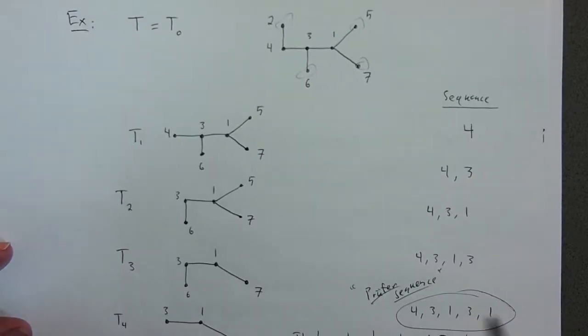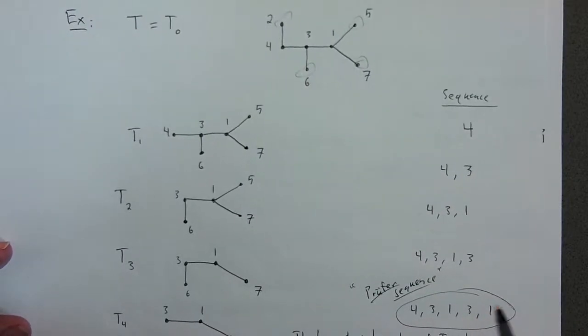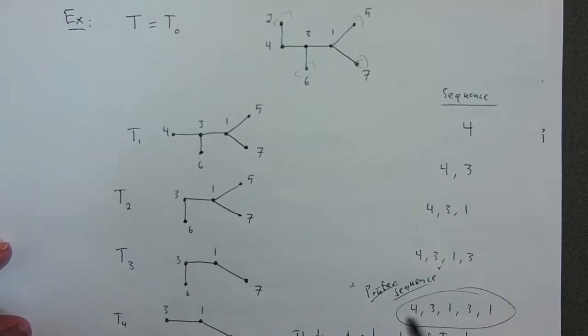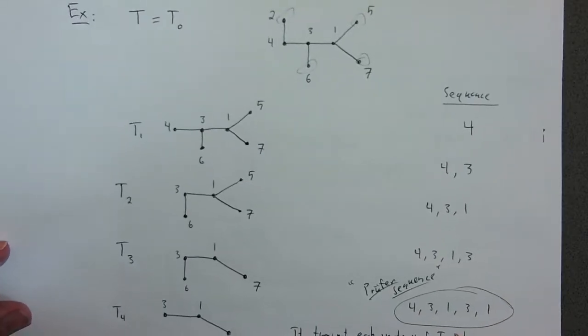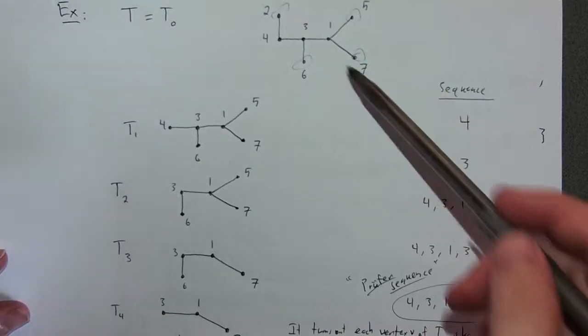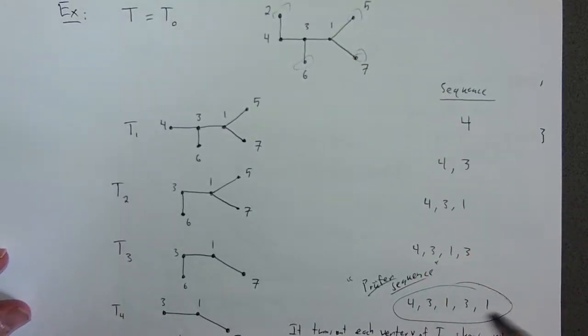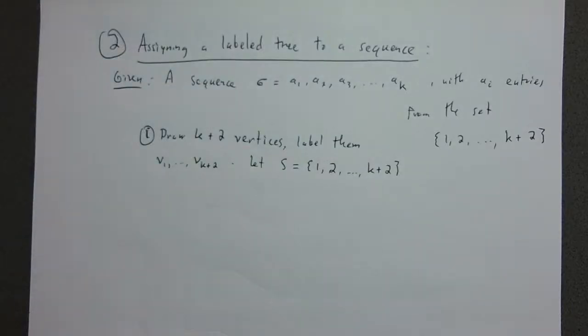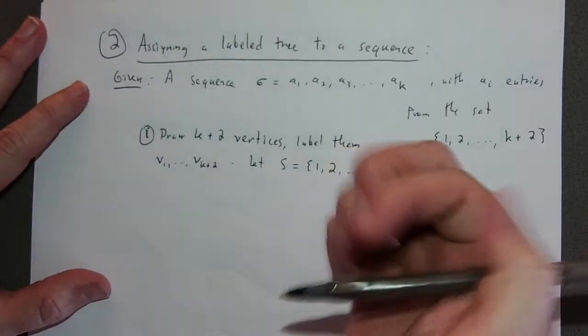So the length of the sequence is not the number of vertices in the labeled tree. The number of vertices in the labeled tree is the length of the sequence plus 2. Of course, k plus 2 in that example would be 7.